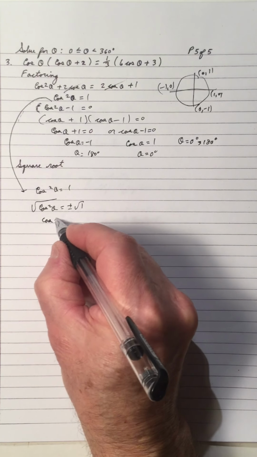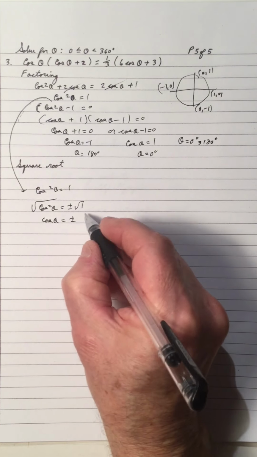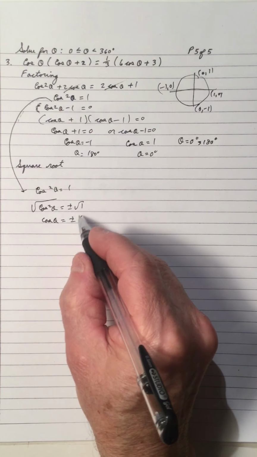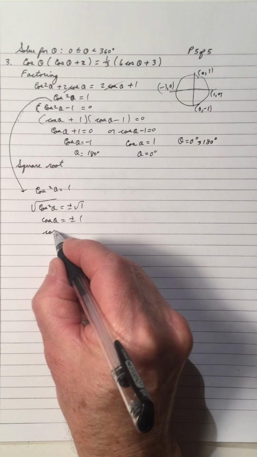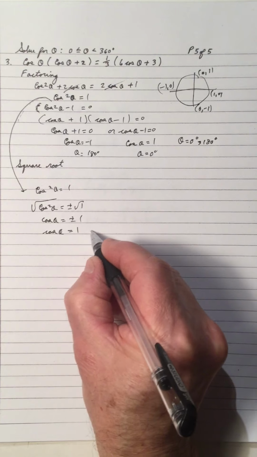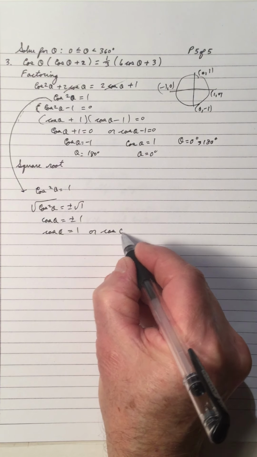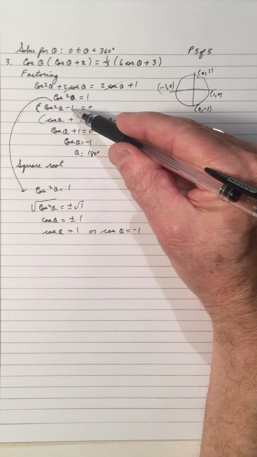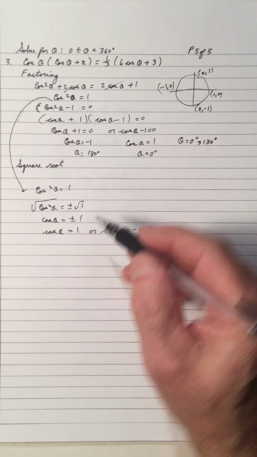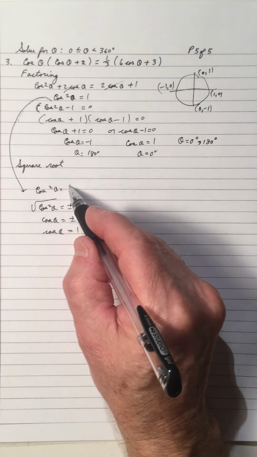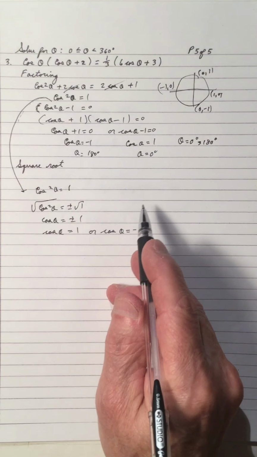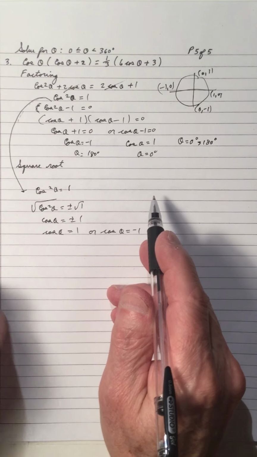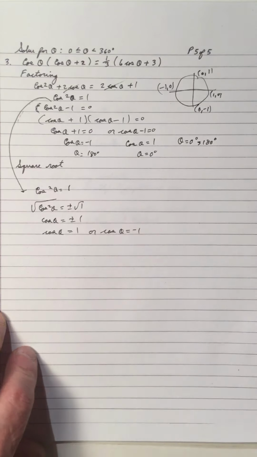So cos theta equals plus or minus 1, since the square root of 1 is 1. So cos theta is equal to 1, or cos theta is equal to negative 1. So I did it by factoring, or you could have done it by the square root property. Just two ways to do it, your choice, when you get the difference of two squares.